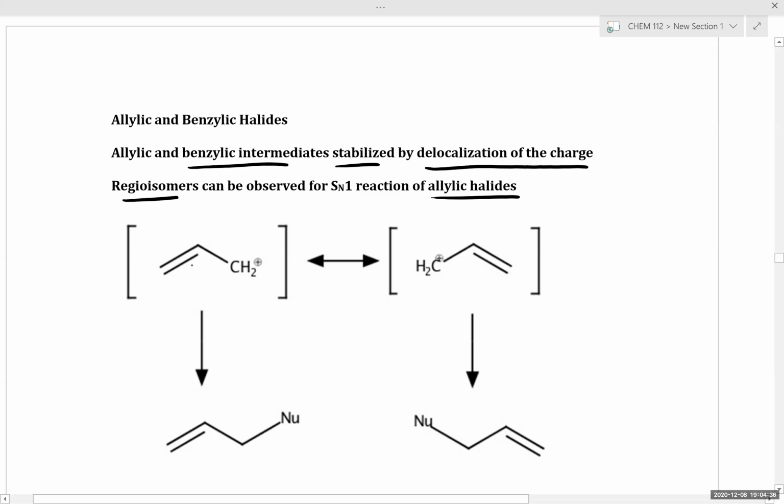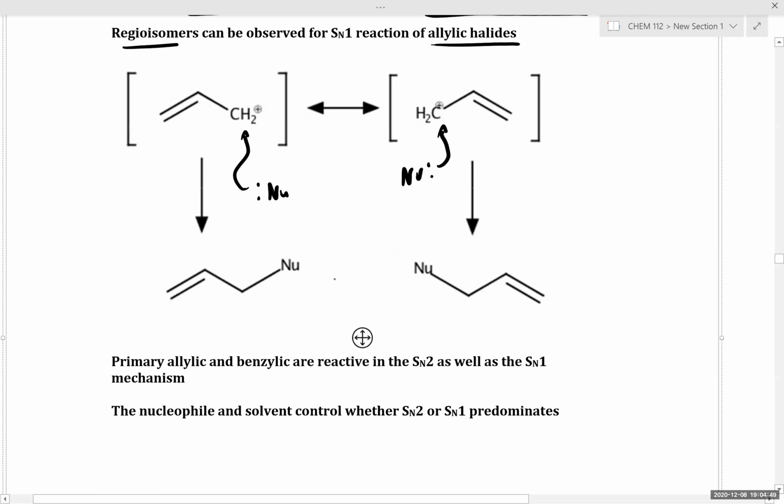Because you have a mixture of potential carbons that have cationic character. So your nucleophile can go in and attack at both of these cationic sites, and as a result, you observe a mixture of regioisomers. Does that make sense?